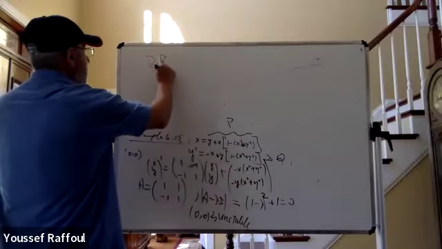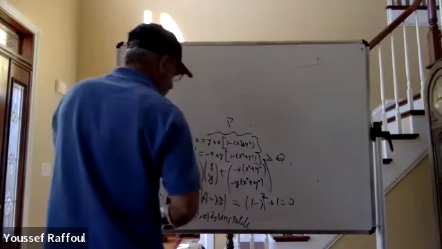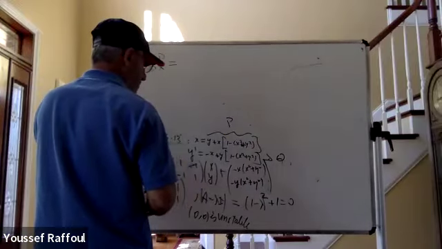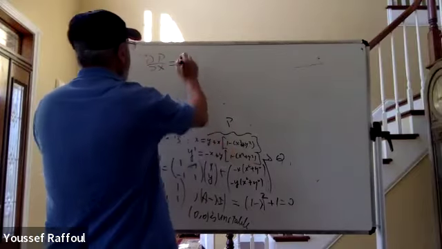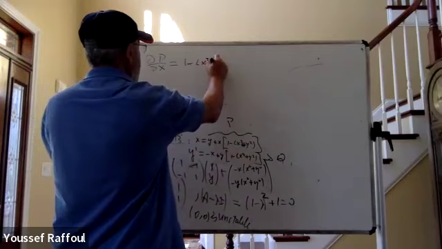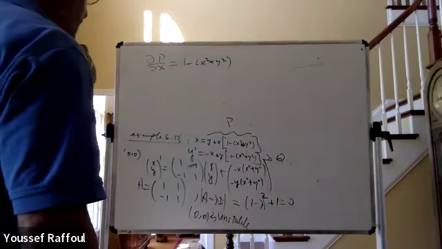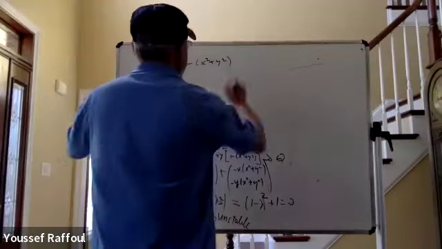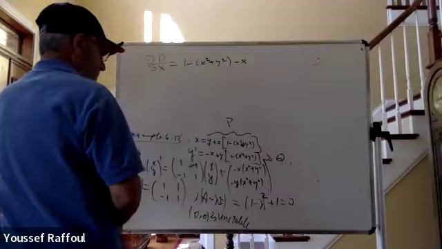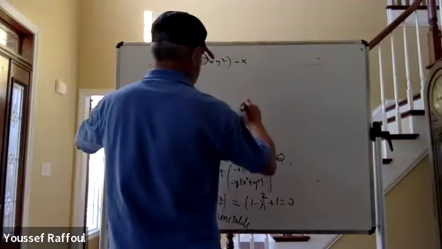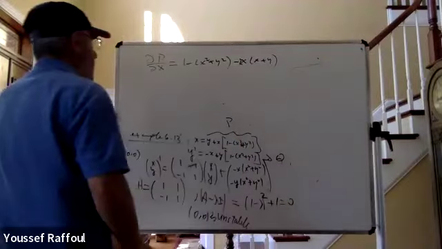So del P over del x is 1 minus x squared plus y squared, minus 2x times x plus y.